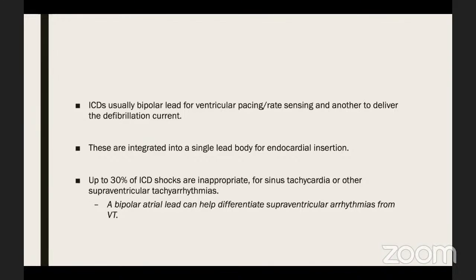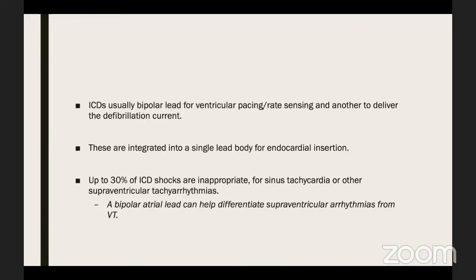An ICD usually has a bipolar lead for ventricular pacing and rate sensing and another to deliver the defibrillator current. These are integrated into a single lead for endocardial insertion. Up to 30% of ICD shocks are inappropriate, for sinus tachycardia or other supraventricular tachyarrhythmia.